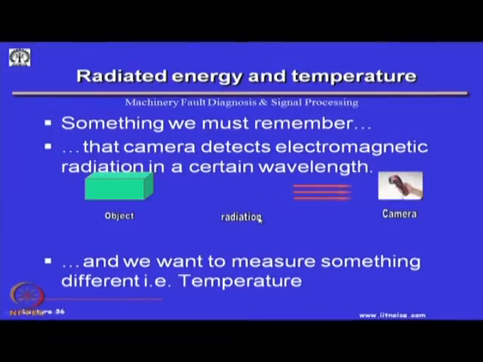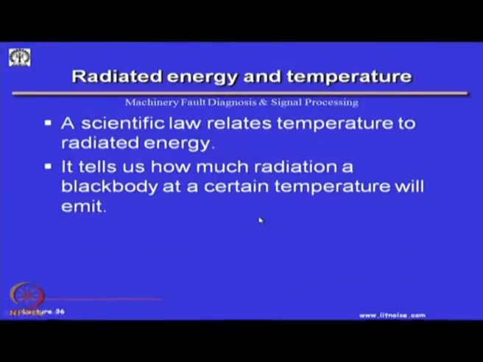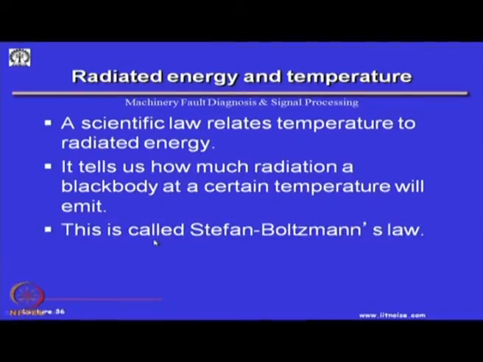Now, there is a scientific law which relates temperature to radiant energy, and this tells us how much radiation a black body at a certain temperature will emit. This is called the Stefan-Boltzmann law.